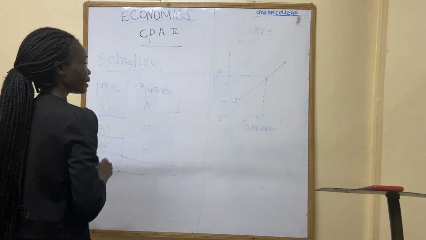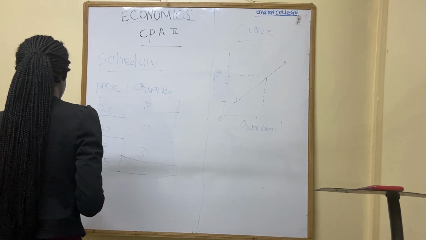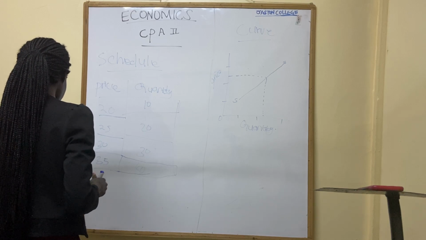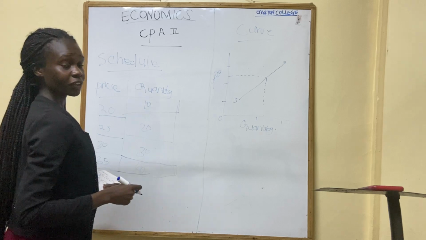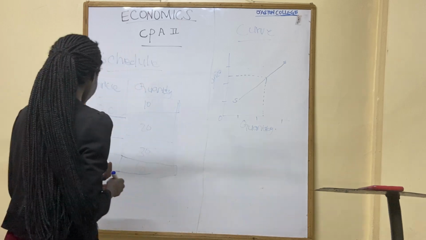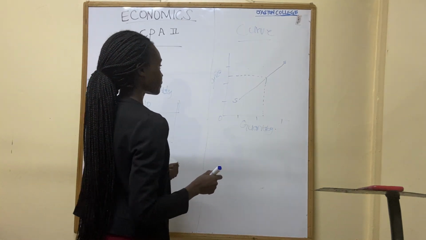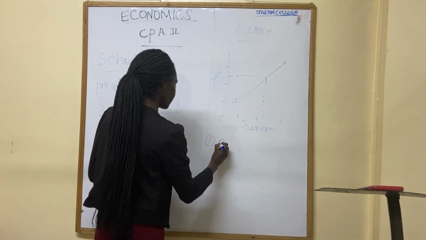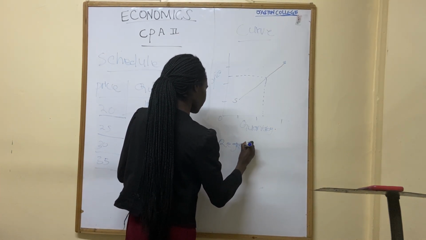This is a supply curve, a sample of a supply curve. Supply has terminologies we are going to discuss. The first one is regressive supply.